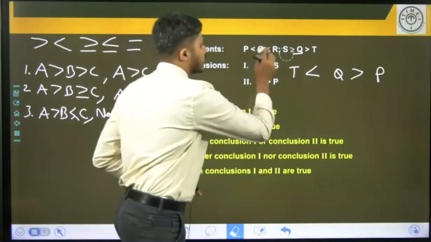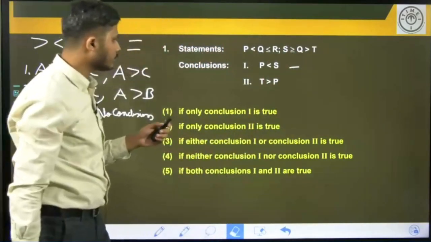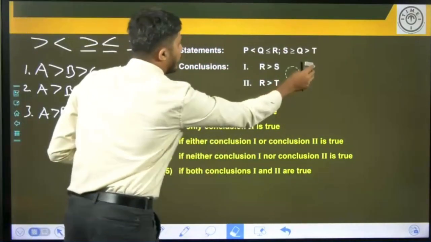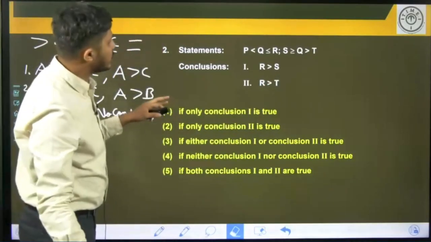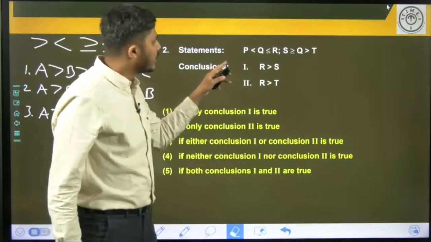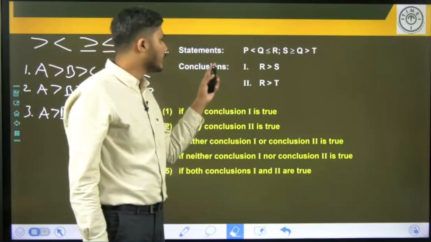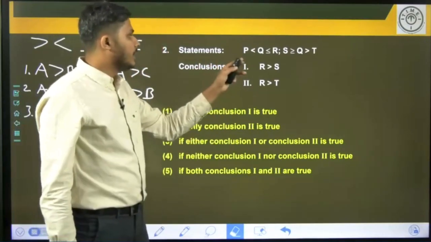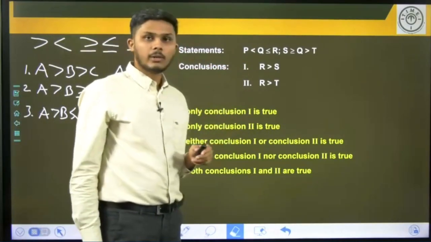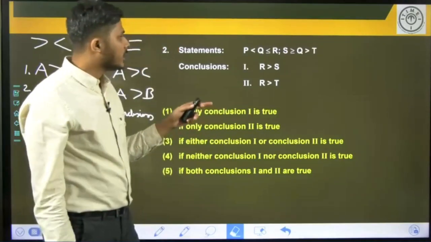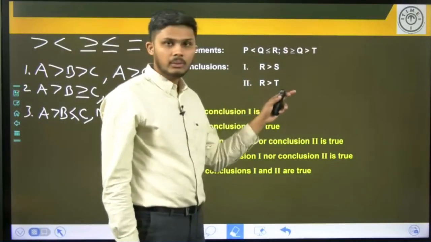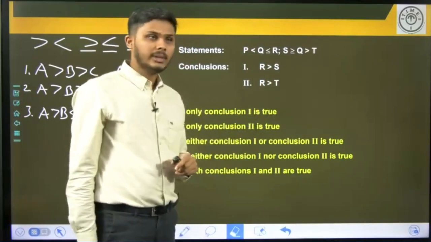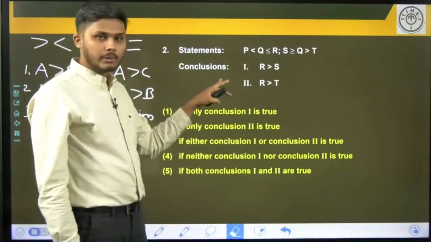So, let us move on to the next question. Let us look at the statements. Here you can see this is the same as the first question. The first statement is P is less than Q, Q is less than or equal to R, and the second statement is S is greater than or equal to Q and Q is greater than T. Now let us directly get into the conclusion.